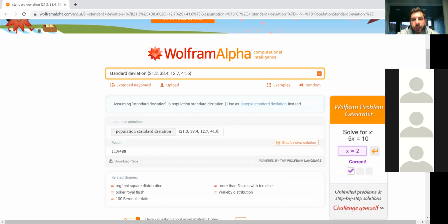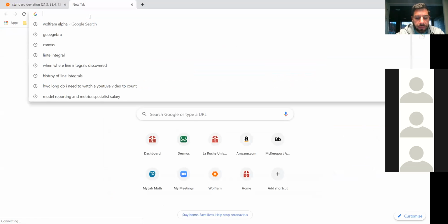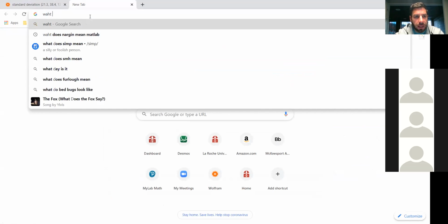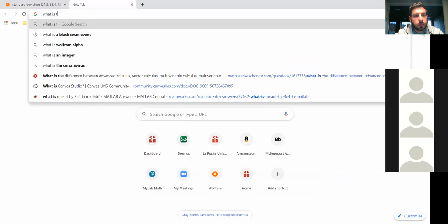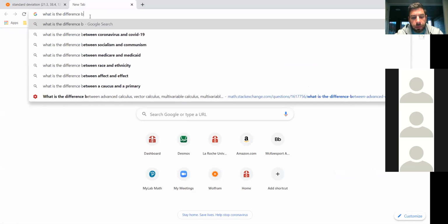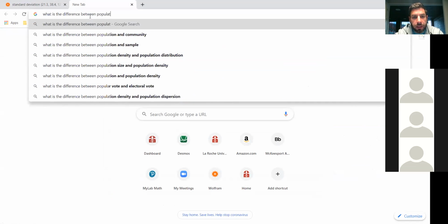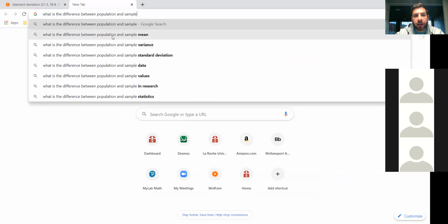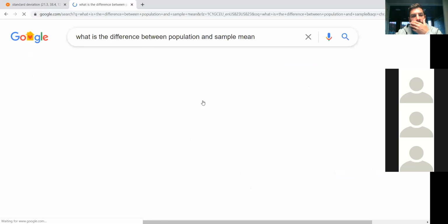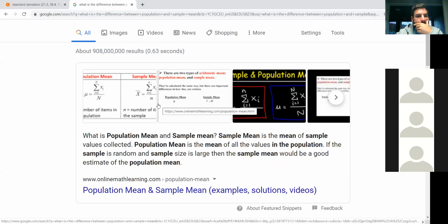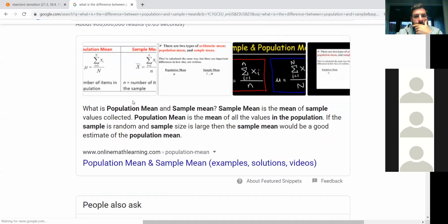And so we went into a big spiel about how there's two different ways of thinking about this, and we asked you to go read about it. I think I even typed something in the web browser in class like, what is the difference between population and sample, variance, standard deviation, whatever you want to mean?